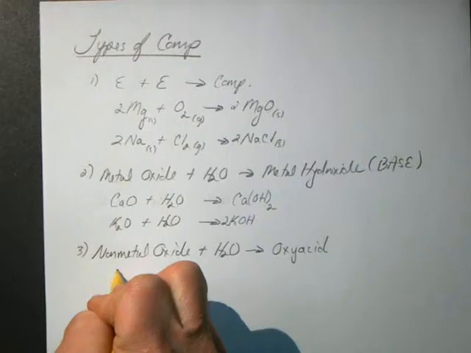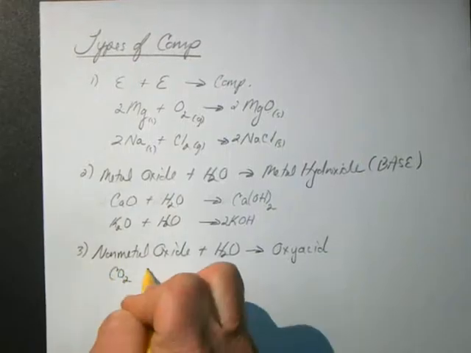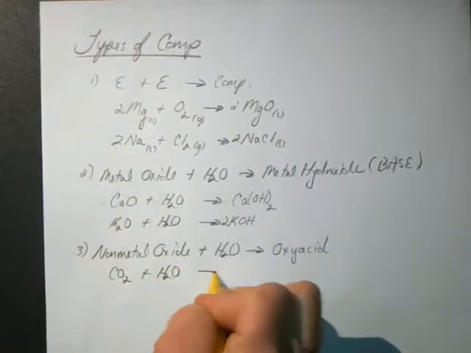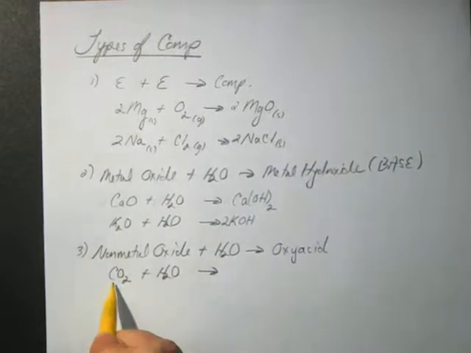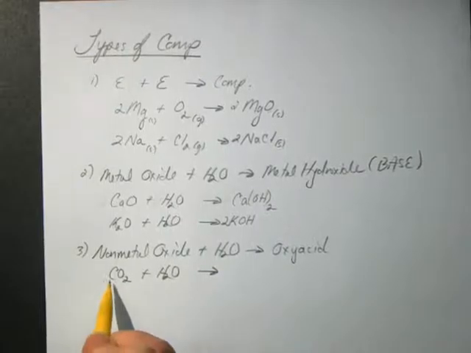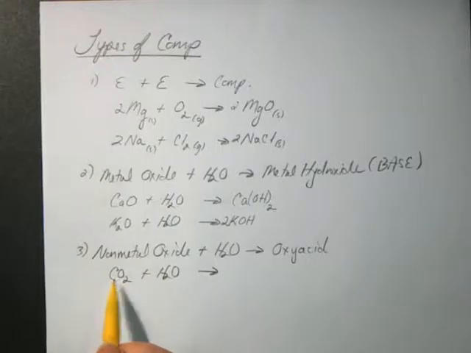For example, carbon dioxide reacting with water. Remember we saw with Lewis dot structures that we often will lower the formal charge of our nonmetal the increased amount of oxygen that bonds with it. So if we want to approach these reaction predictions in this way, that carbon, if it can, is going to try to pick up another oxygen.